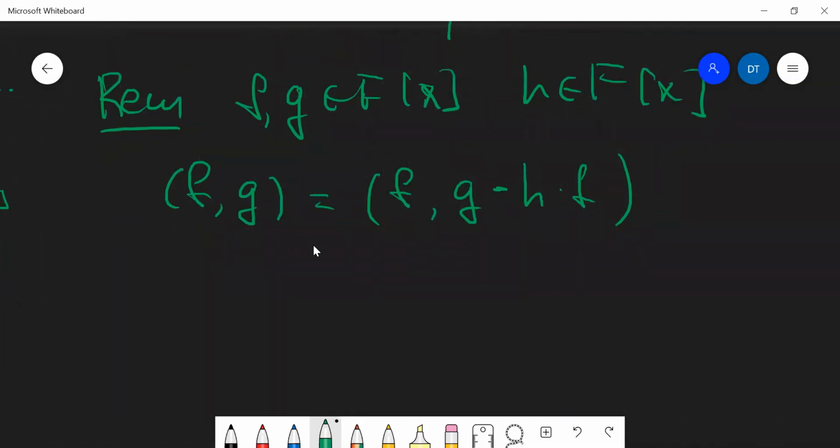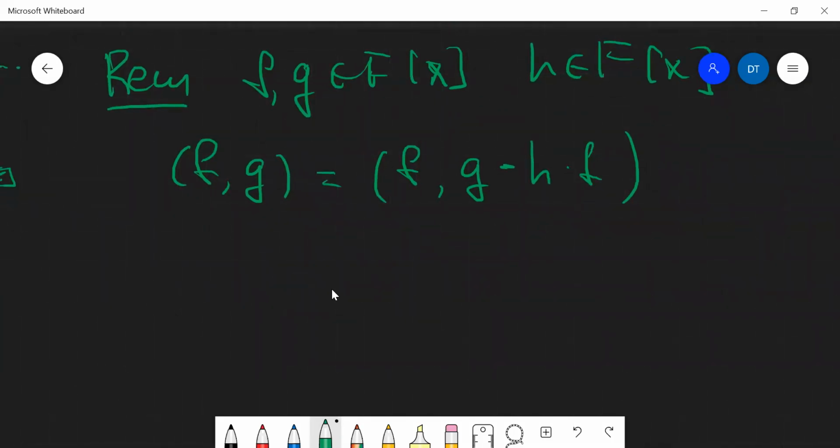First of all, I want to explain why this is true, and second, I want to explain the algorithm based on this equality. So first, why is this true?